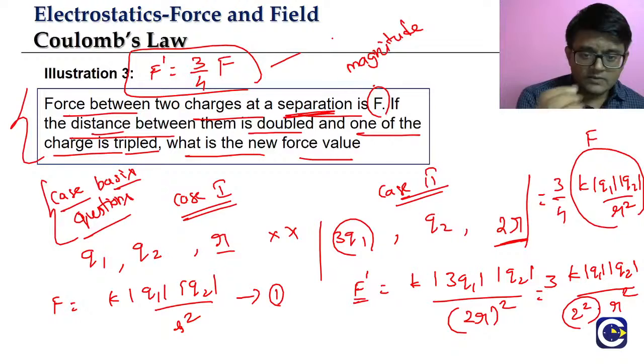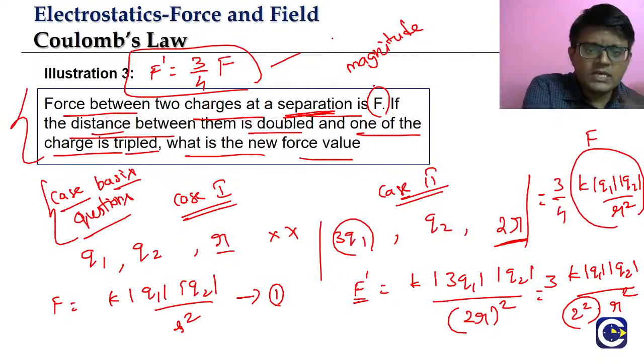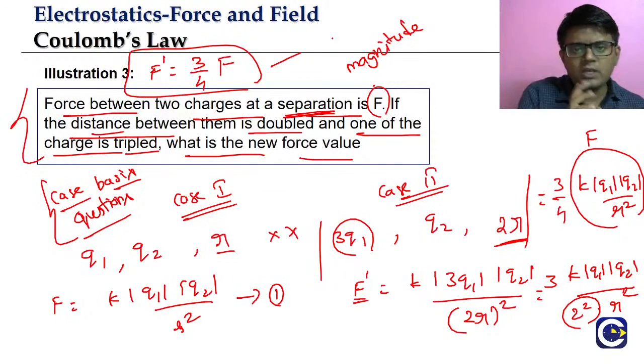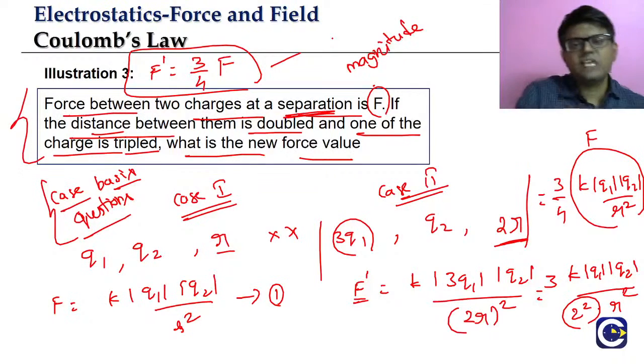Say you take a chapter in plus 1, for example the properties of solids, அதுல you will have the stress strain formula. Stress is equal to Young's modulus into strain. And based on that formula you can have the case based question. Like you have Newton's law of gravitation formula, F is equal to G into m1 m2 by r square. வெறும் அந்த formula based பண்ணி you can have the case based questions.